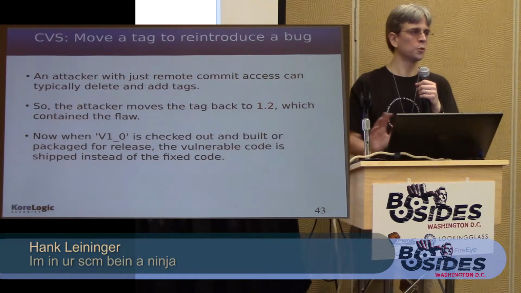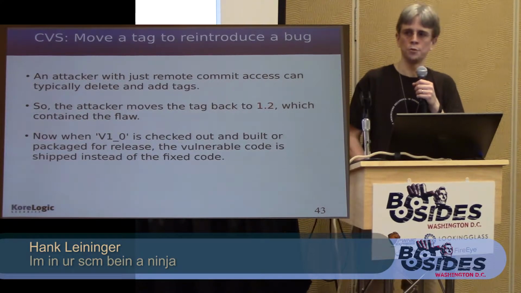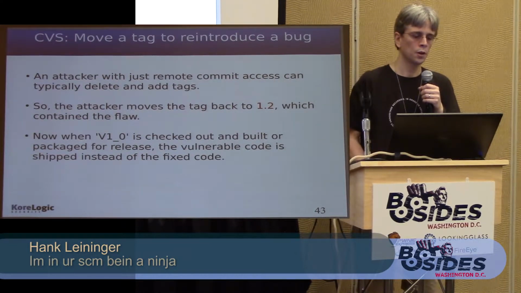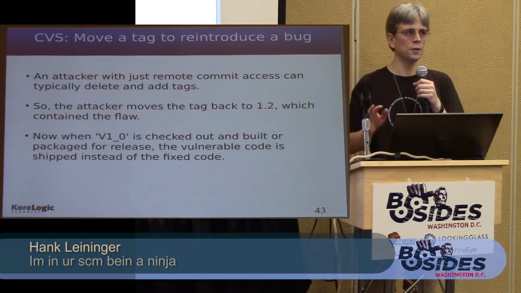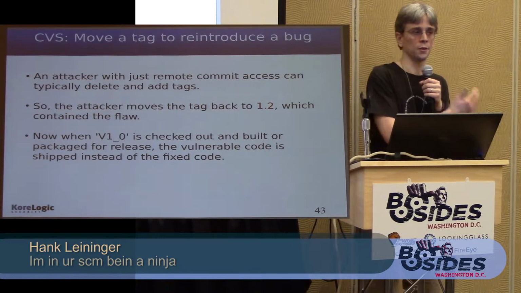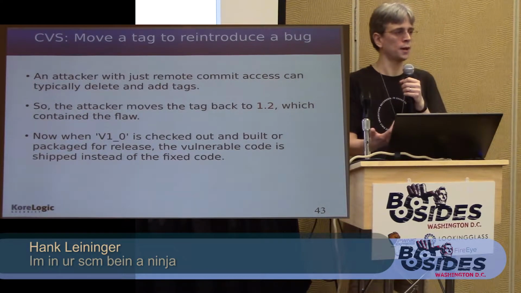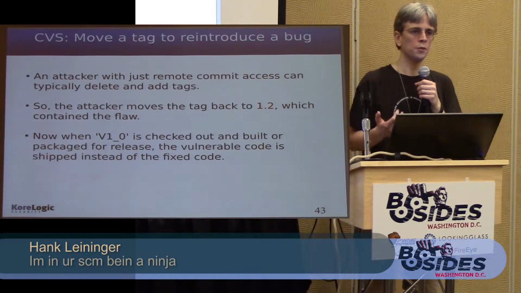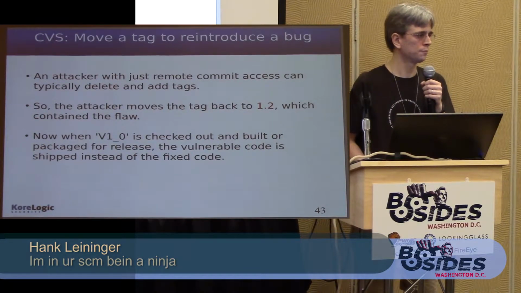An attacker with just remote commit access can typically add and remove tags, because that's just another developer action that's expected. Well, it's fairly okay to move a tag forwards for the exact situation I just described. You fixed a bug, now you want your tag to point at the fix, at the version that includes the fix. That's great. But nothing stops you from moving a tag backwards.